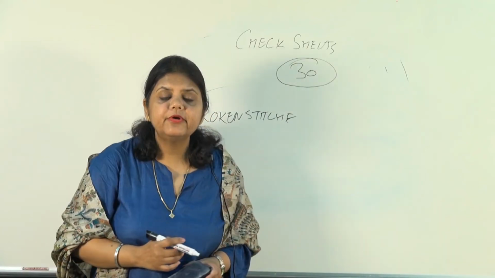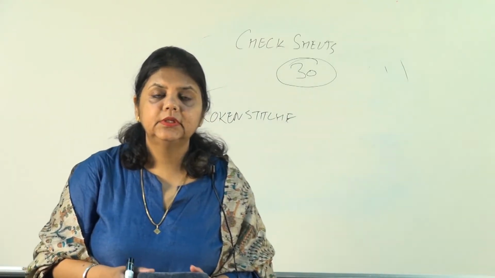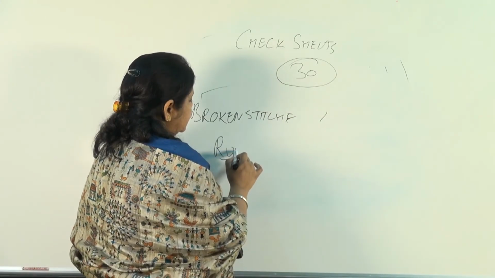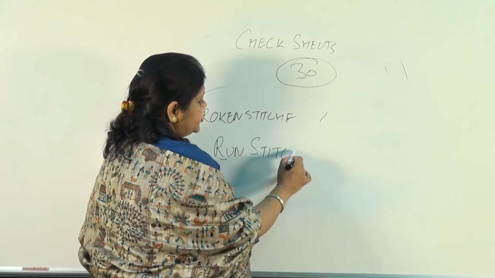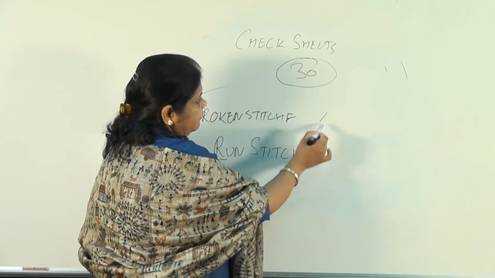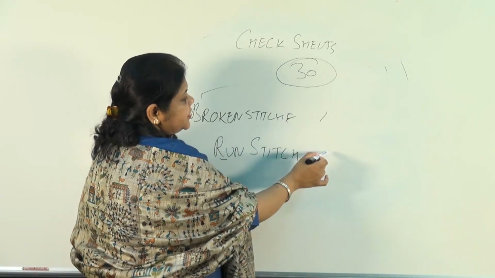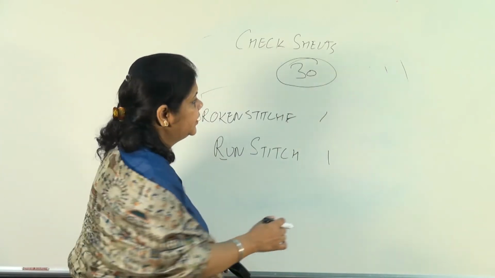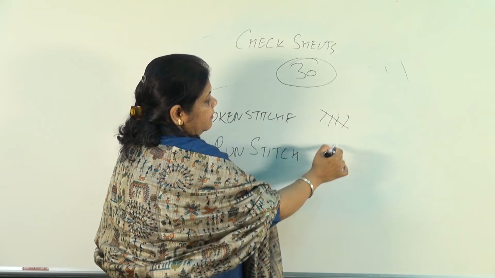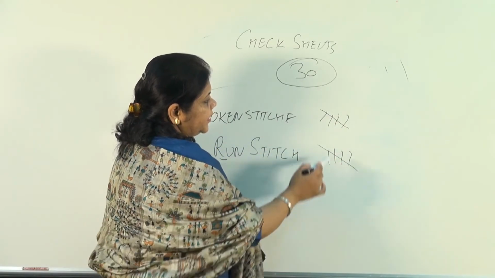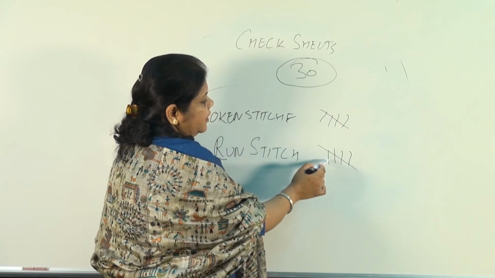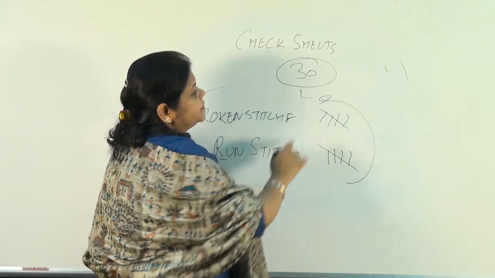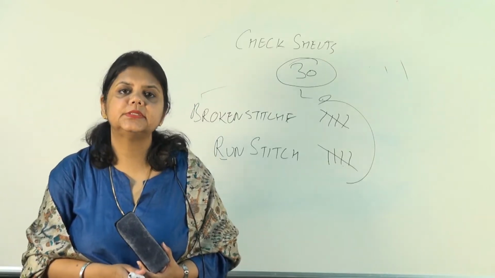So the number of pieces that have broken stitches will be marked as something like this. The next defect being run stitch. So one piece of broken stitch defect we received and one piece of run stitch we received. So like this we are going to mark it in terms of number. So 1, 2, 3, 4, 5, 1, 2, 3, 4, 5, all the defects coming to 30 checked pieces in total.